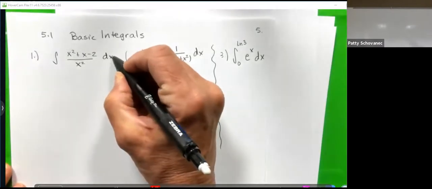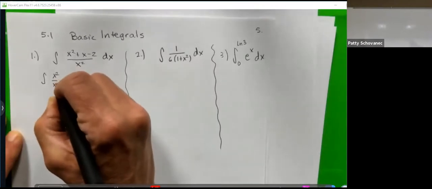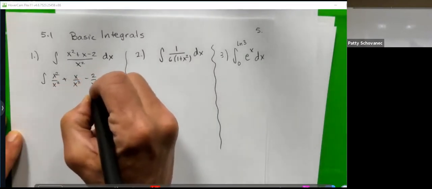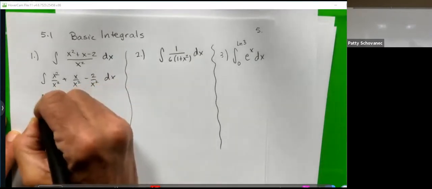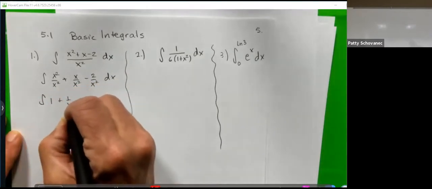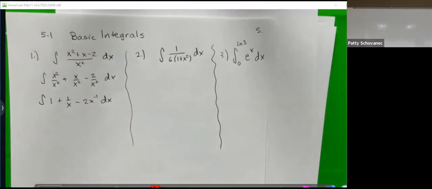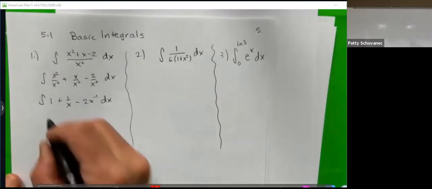No, you don't have a product or a quotient rule, so you have to break up the quotient by breaking this up into 3 fractions. So we're integrating 1 plus 1 over x minus 2x to the negative 2. Then you can integrate term by term.